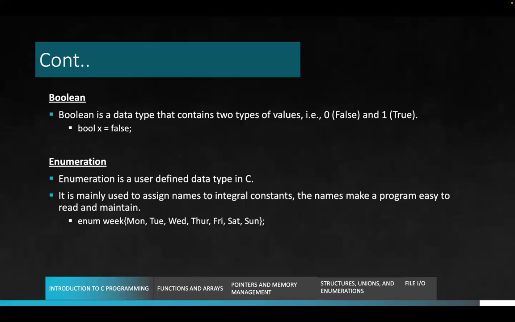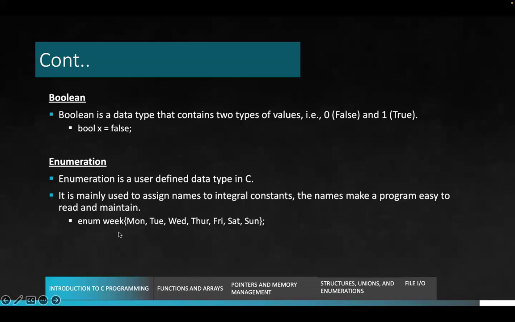Next one is enumeration. Enumeration is a very frequently used data type in programming languages. This is another user defined data type. It is mainly used to assign names to integral constants. For example, the declaration is like this: enum week.